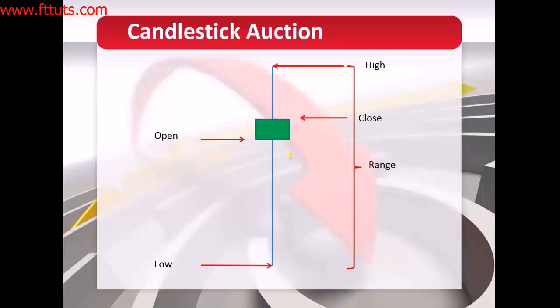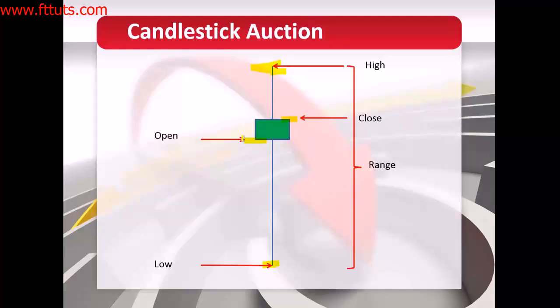Well, certainly this is a very different looking candle from the previous one. It identifies the low for us right here. It identifies the high for us up here. We see the open and we see the close, and this one has a much smaller body within the range. So yes, this one does give us some interesting information.